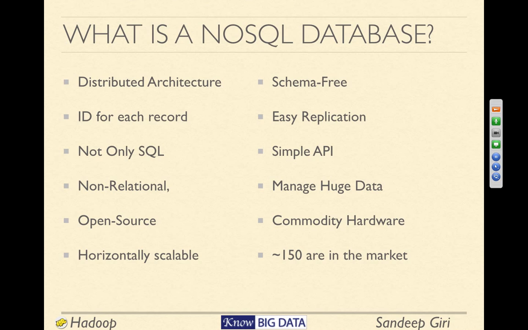Commodity hardware does not mean broken hardware or hardware with bad components. It only means a usual server. Most of these databases, when they run in data centers, don't need to cost a humongous amount.